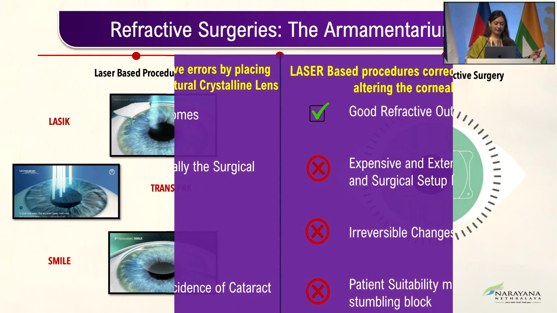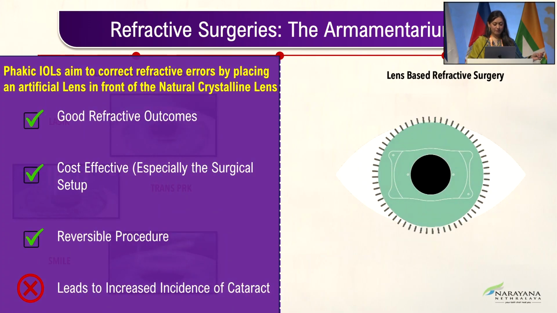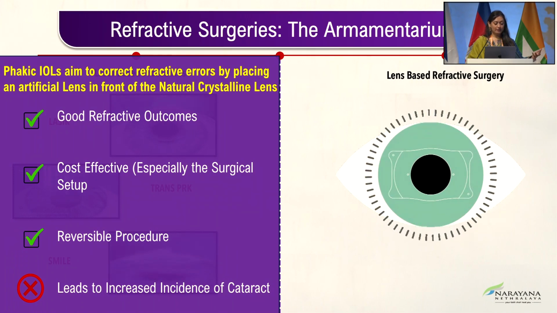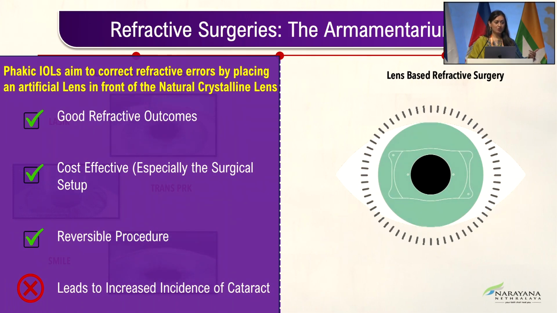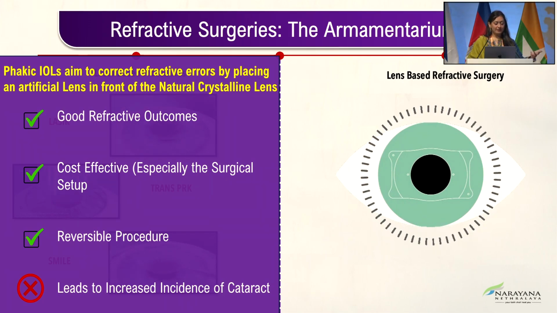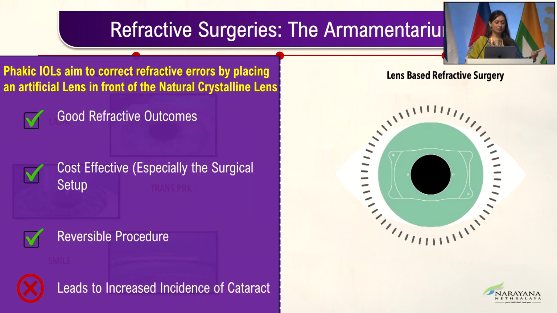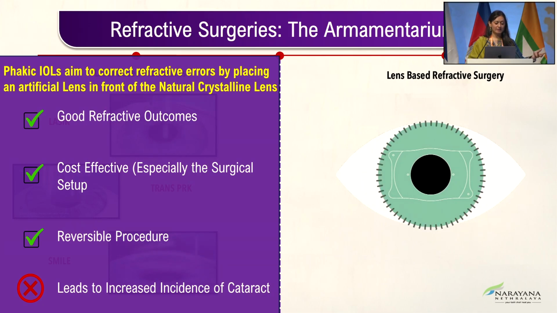Whereas when you see the lens-based refractive surgery, which is the Phakic IOLs, we all know that they do give us good outcomes. They are much more predictable in terms of contrast sensitivity, your safety, efficacy, and your quantity and quality of vision. It is also cost effective because most of us here are cataract surgeons, and we do have a basic cataract setup.